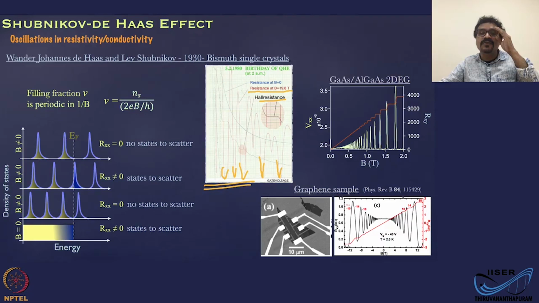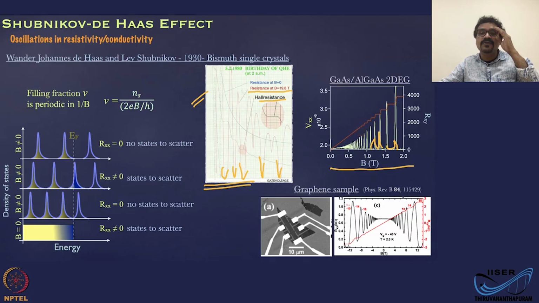This is for the silicon MOSFET as a function of gate voltage, and this is for a gallium arsenide device, where you can see there are oscillations like this here also. That is the Rxx part, which is nothing but Vxx divided by the current through it. So what you're seeing is an oscillation in the Vxx, which is an oscillation in the Rxx.